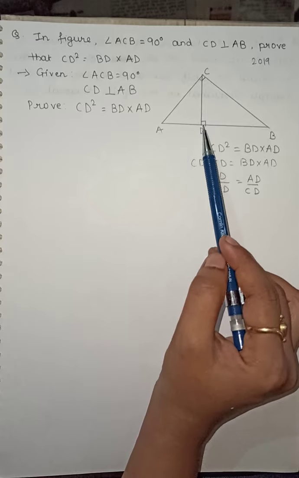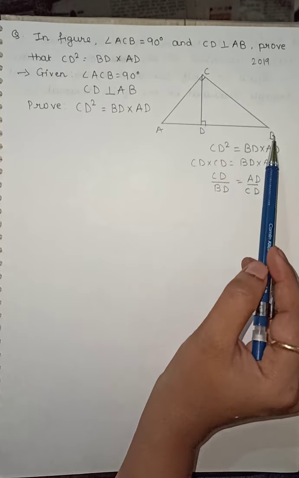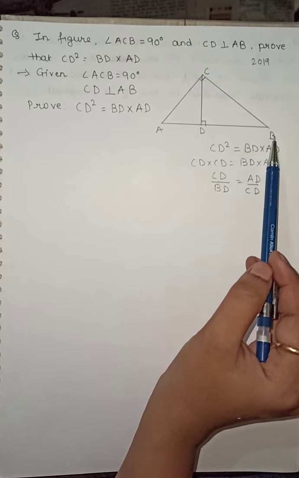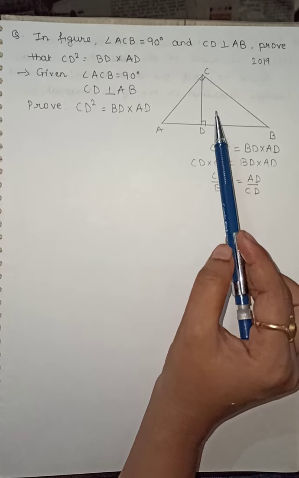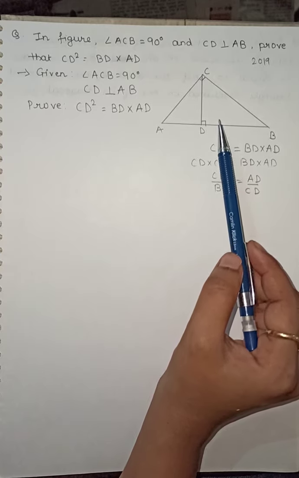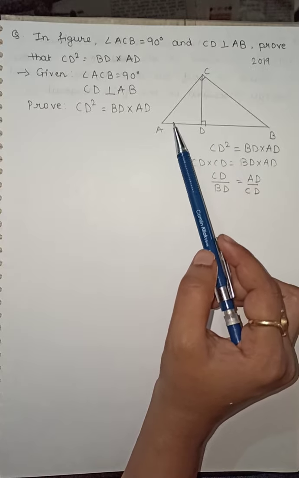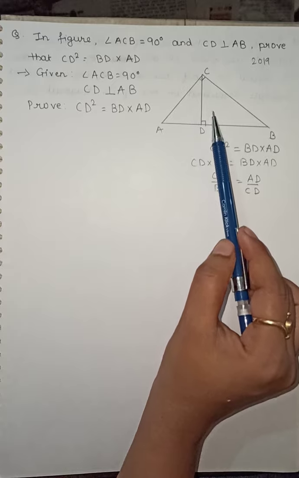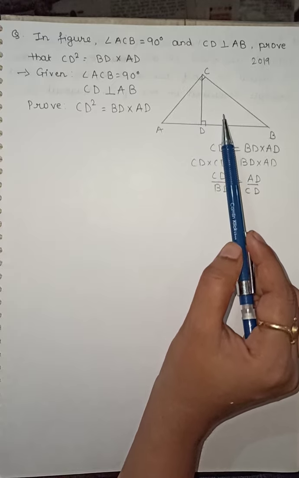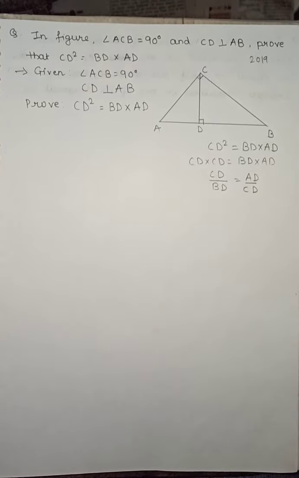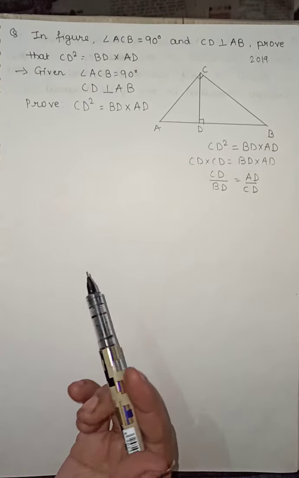If ADC is similar to ACB and BDC is also similar to ACB, from those two similarities you will get two equations, and then we can equate those equations. Did you understand why we are going for showing the smaller triangle and the greater? Because these two triangles cannot be shown similar directly, and we want the relation between these two triangles itself.